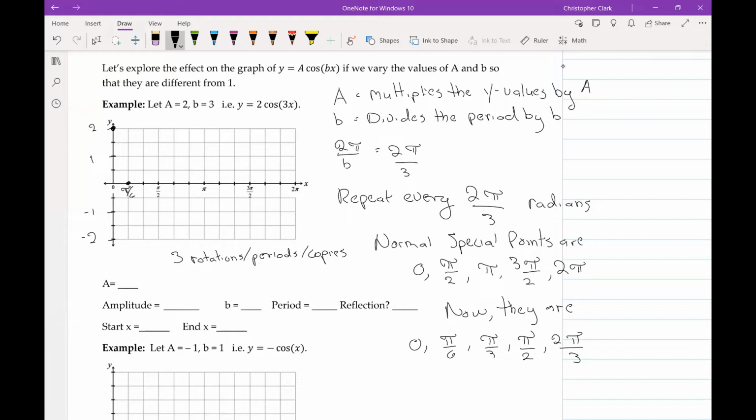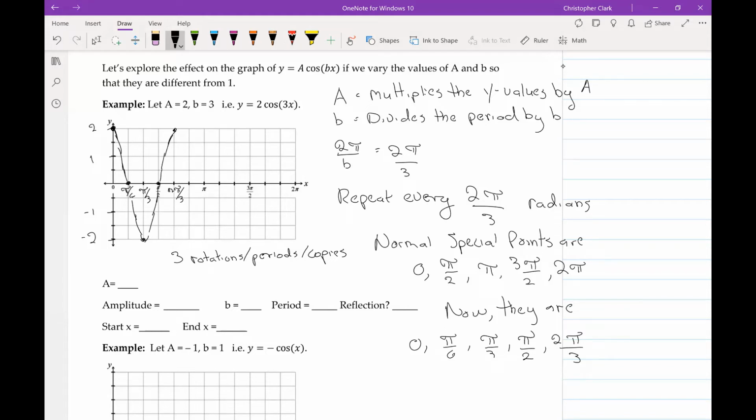Now at pi over 3, we expect it to be negative 1, and then multiply it by 2 to get negative 2. And then at 2 pi over 3, we are back at 0. So our function looks something like this.